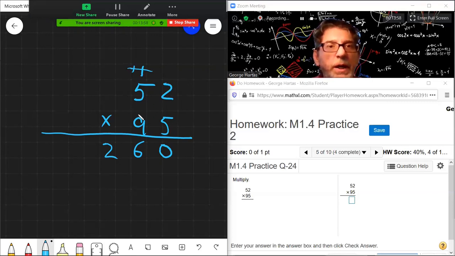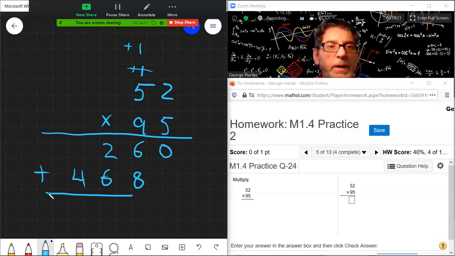9 times 2 is 18. Put the right-hand digit, the 8, right below the 9 in the 10 spot. Right-hand digit, left-hand digit. 9 times 5 is 45. 45 plus 1 is 46. Right-hand digit, left-hand digit.